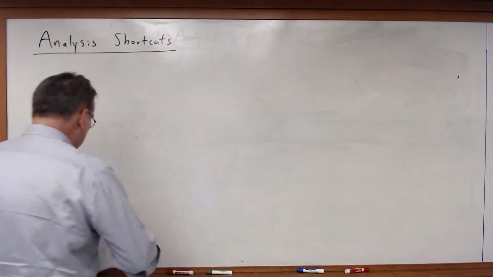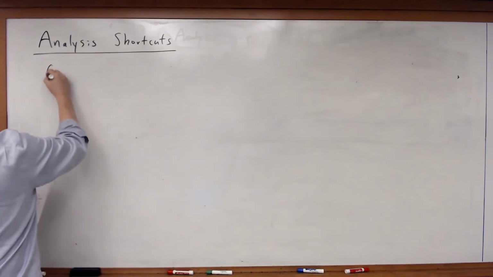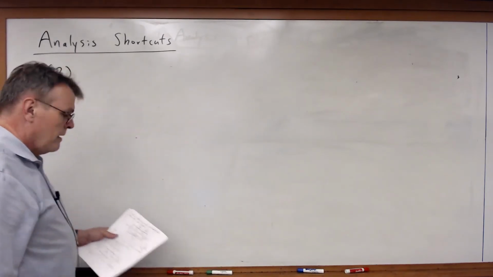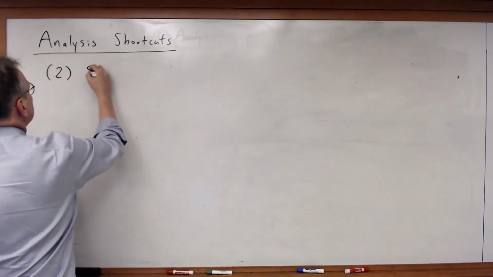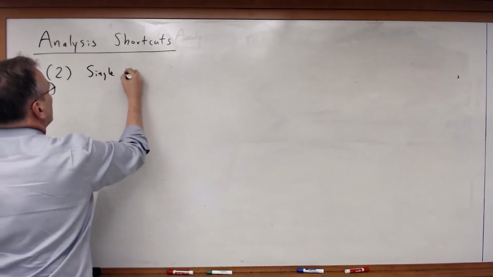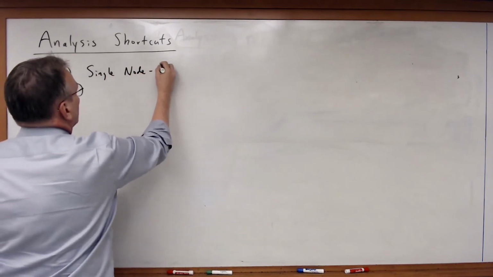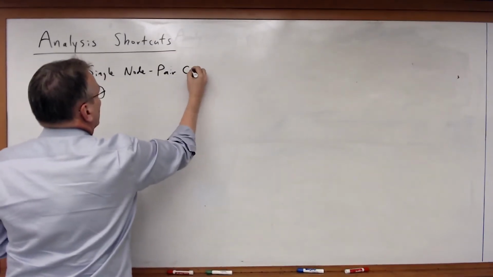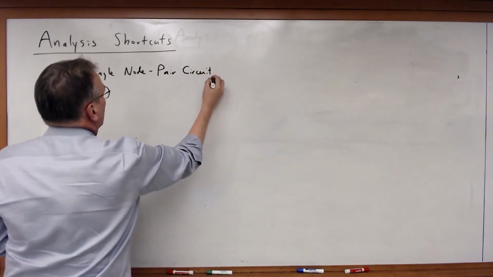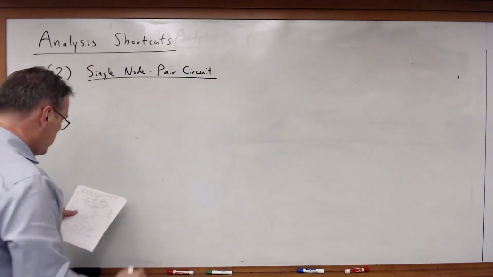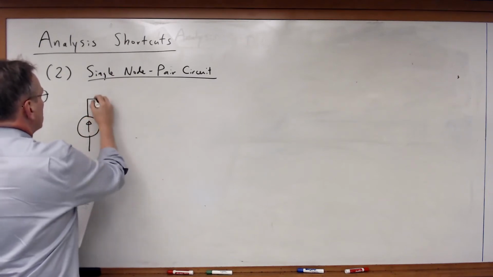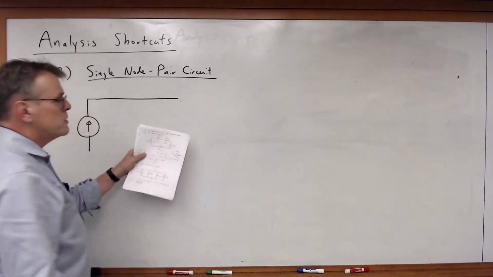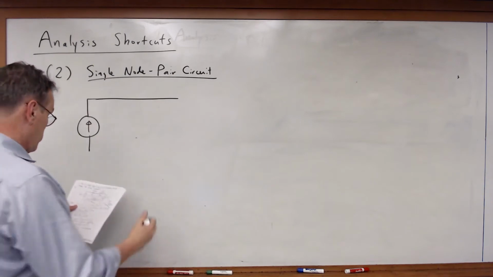In this case, we're going to look at another simple example, a single node pair circuit. And in this case, I'm going to have a circuit in which all the elements are connected to the same two nodes.